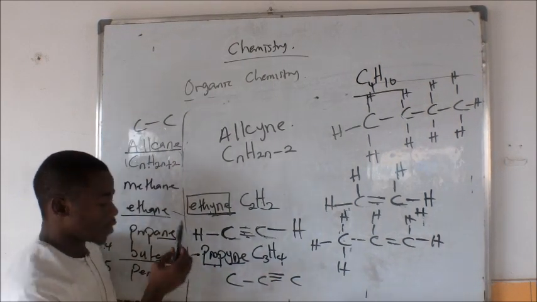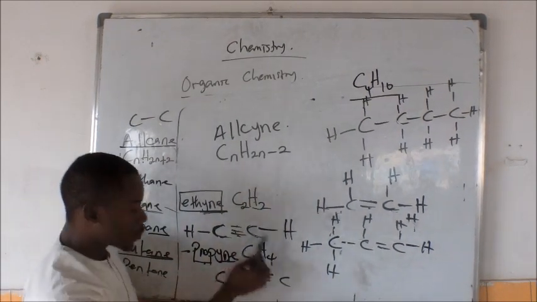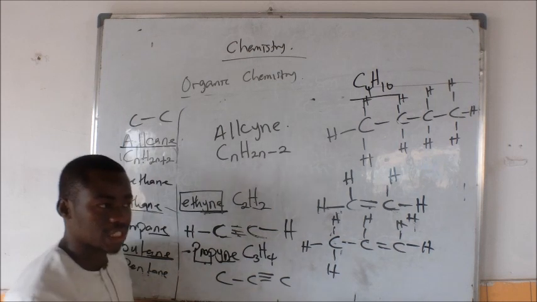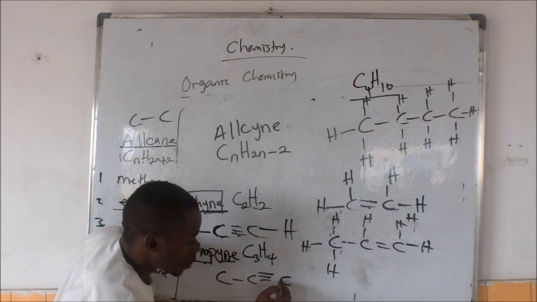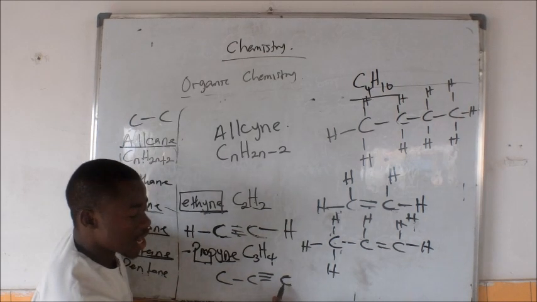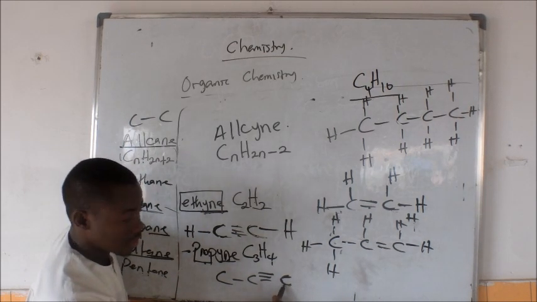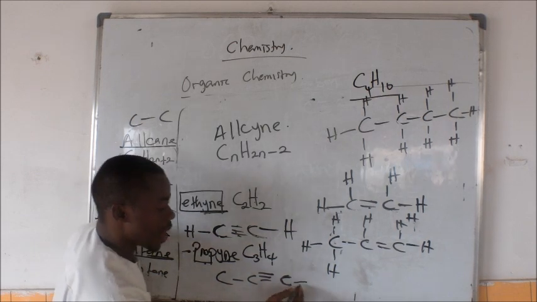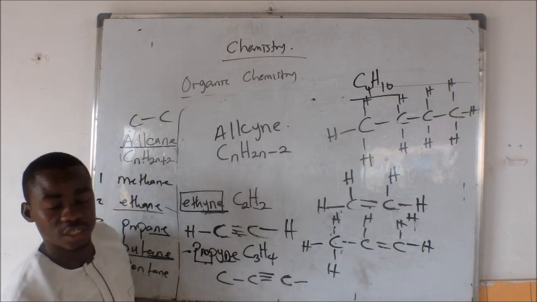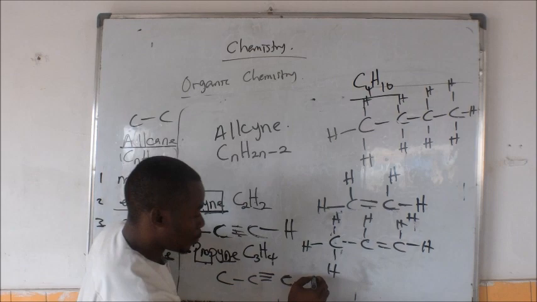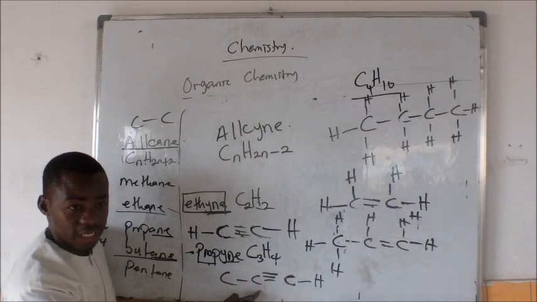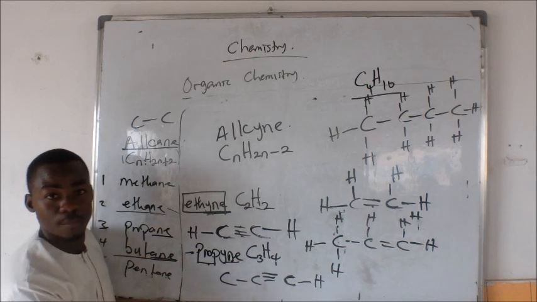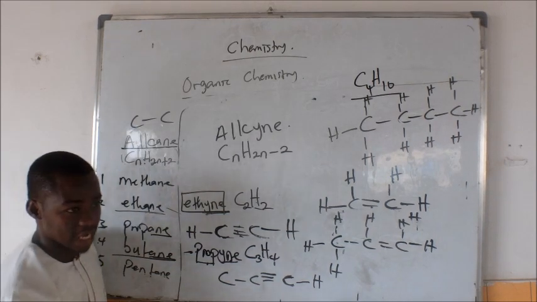Now, before we distribute the hydrogen, let us fix bonds first. For this particular carbon, how many bonds is surrounding carbon here? 3. That means it needs 1 for you to complete the 4 bonds. Then you put hydrogen. What about this place? It's complete already. So you don't have to put any bonds and you don't have to put any hydrogen.